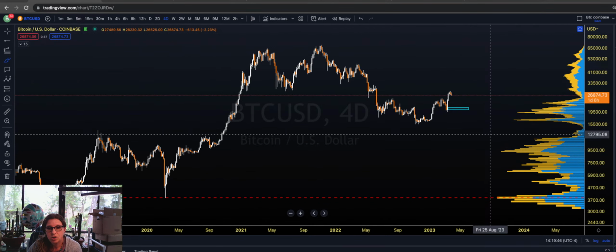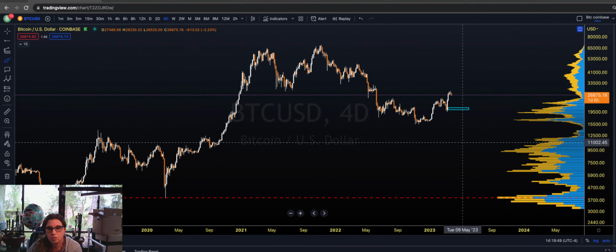All right. So let's talk about some counts here for a second. And it's not so important what count we're in, or do we have the right count? Because remember, Elliott wave is only a tool, just like RSI is a tool, just like price action trading or price action TA is a tool.